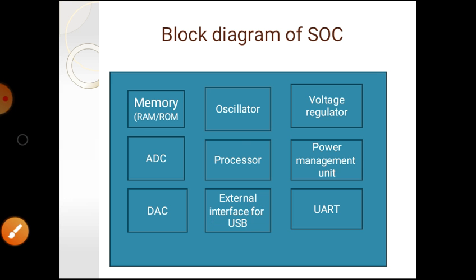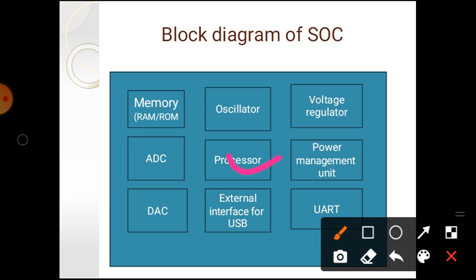This is the block diagram of SoC, system on chip. Here the system on chip contains the memory block, analog to digital converter, digital to analog converter, oscillator, processor, external interface for USB, voltage regulator, power management unit, and UART.